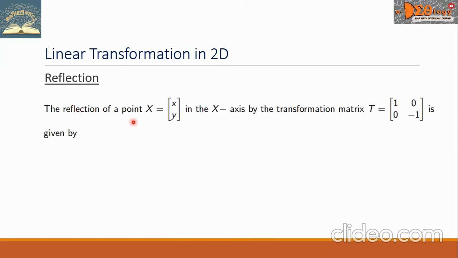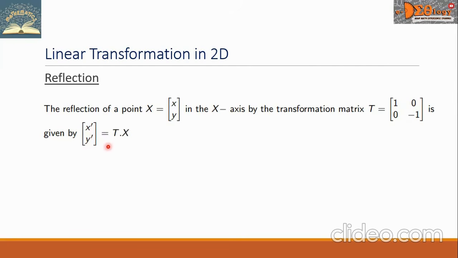The reflection of a point X equals the column matrix x, y in the x-axis by the transformation matrix T equals the 2 by 2 matrix 1, 0, 0, negative 1 respectively, is given by our new point x prime, y prime respectively.